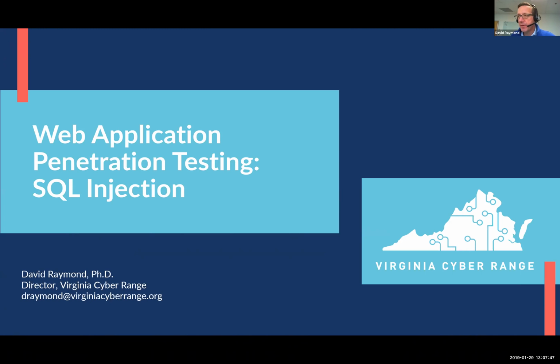So we'll talk just a little bit about why websites are vulnerable. They used to not be, like in the early days of the web. Websites were pretty static, and so there wasn't much for malicious people to take advantage of.